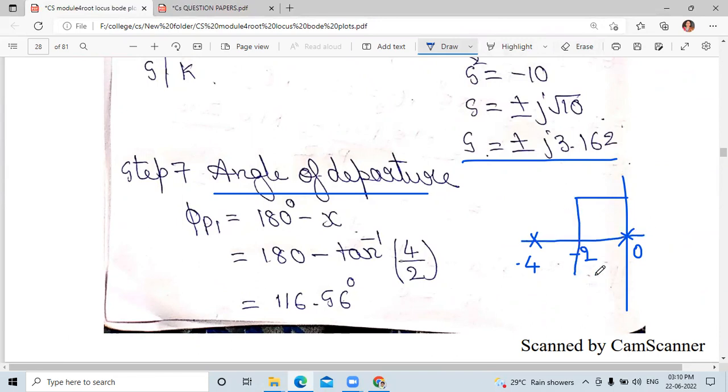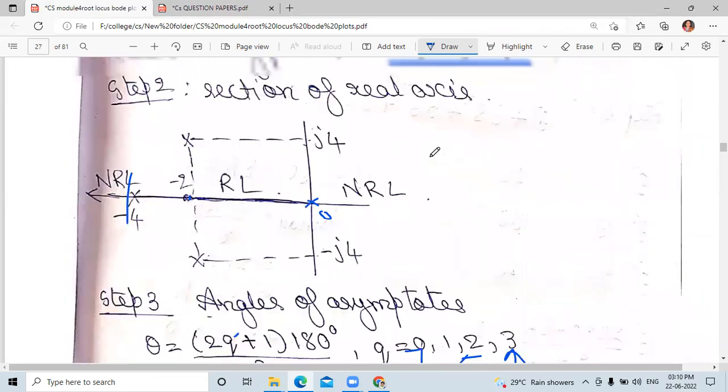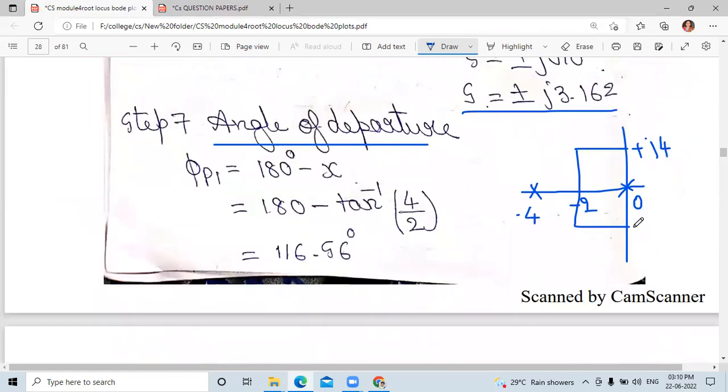Minus 2 plus or minus j4, that is the root we have.